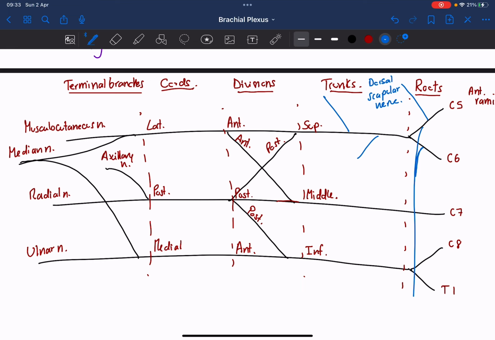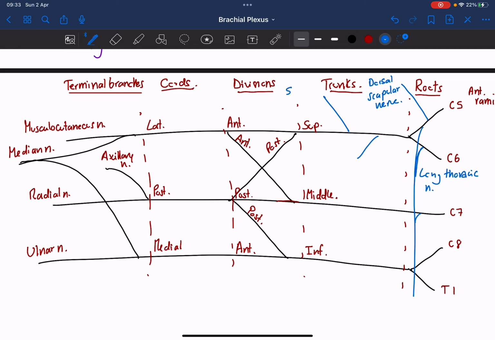The dorsal scapular nerve is important because it supplies three muscles: the levator scapulae muscle, rhomboid major muscle, and the rhomboid minor muscle. Then we have the long thoracic nerve. The long thoracic nerve arises from C5, C6, and C7, and it supplies the serratus anterior muscle.